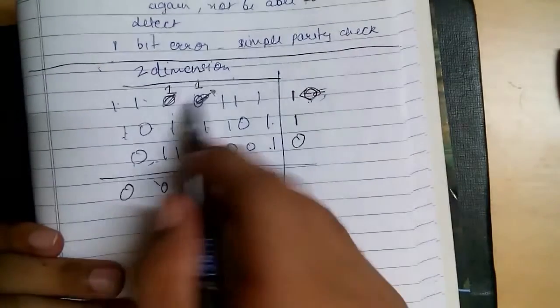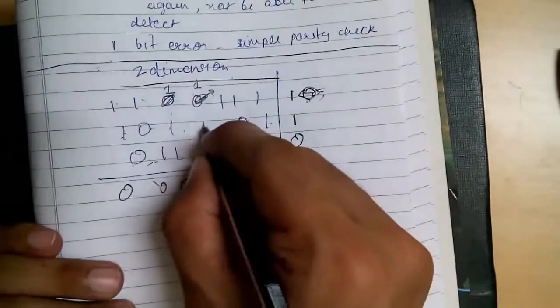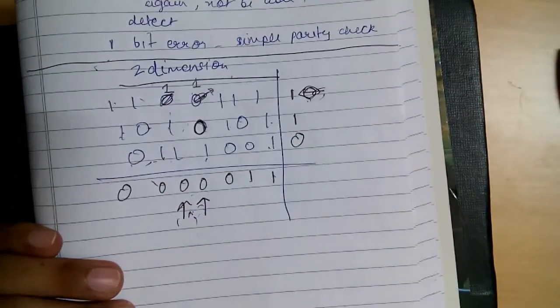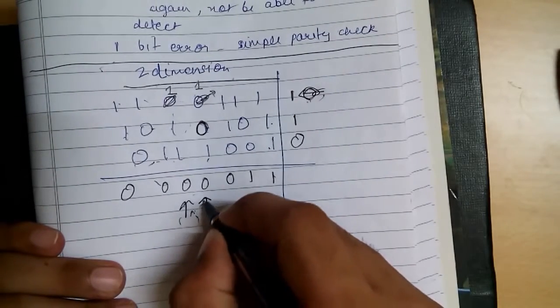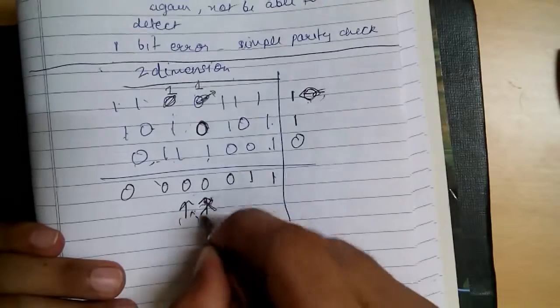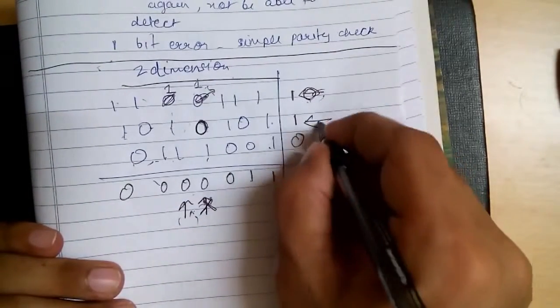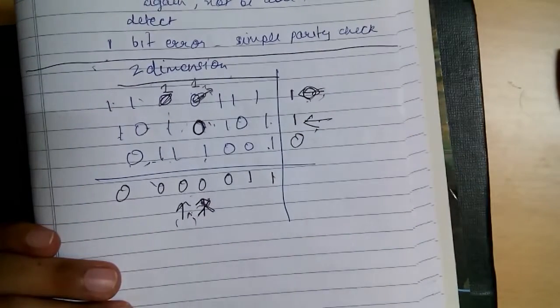So we can still detect if 2 errors are there. Let's say this also gets corrupted, so we will not be able to detect here as this will cancel out each other, but we will detect here. So again we were able to detect.